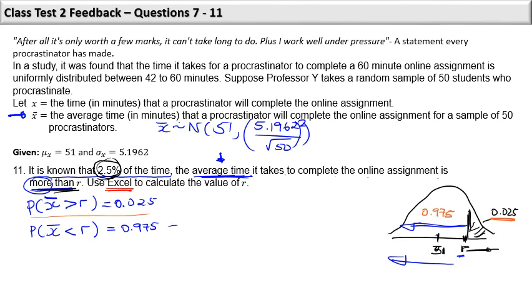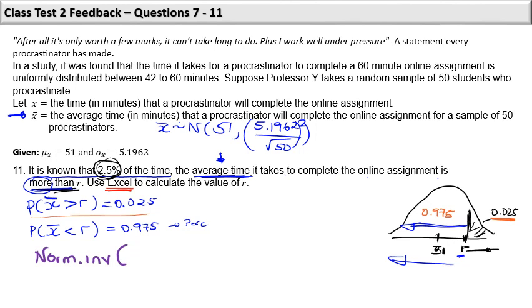So now we know that in Excel this is somewhat a percentile question. So what it means is that I will need to then go and write it in an Excel function. And to calculate a percentile in Excel, we use what we call the norm.inv function.